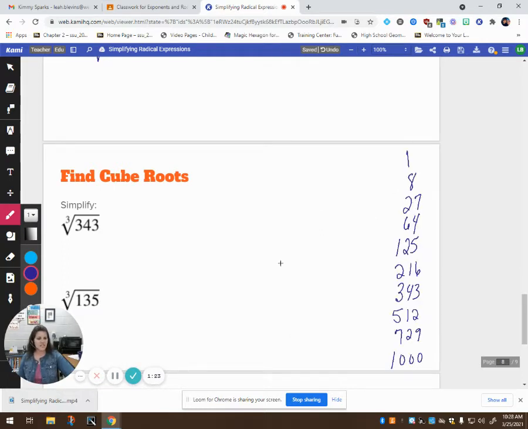Okay, I've listed the first 10 perfect cubes, and as you can see, 343 is on here. It's the 1, 2, 3, 4, 5, 6, 7th one down. You can check it on your calculator, but 7 cubed is 343. So the cubed root of 7 cubed is 7.